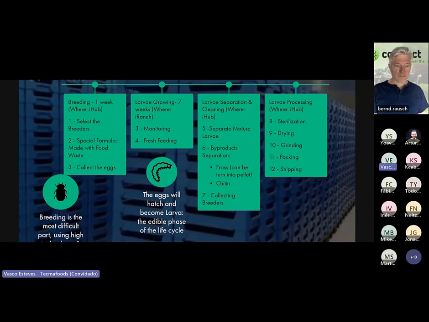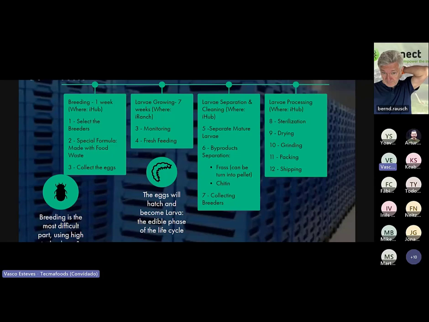It's really hard, so we need specialists here, and then we can ship the small larvae, the neonates, or the eggs to these farms, and we can teach people with methods I'm going to show that make it really easy to reach a good, stable production, compared with more experienced breeders.